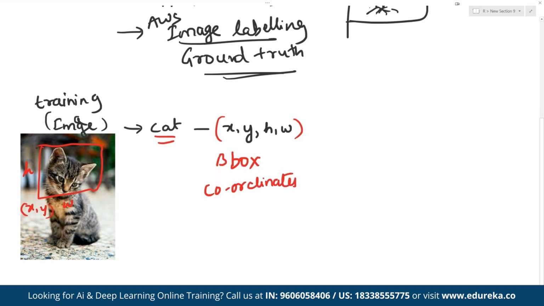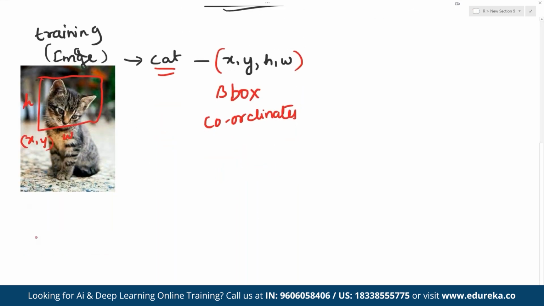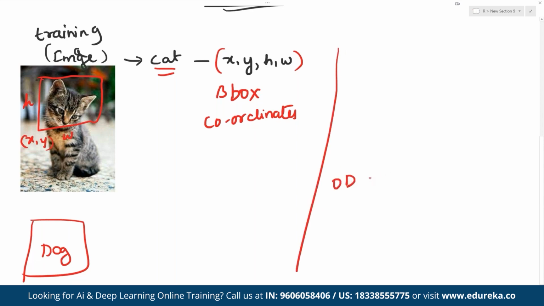So these are the things that I need to have in my data. Once I have the data, let's say I'm building a classifier which detects whether a cat is present. Similarly, I'll be building a classifier for whether a dog is present. Likewise, I'm building a simple object detection classifier which says whether my given input image has a cat or a dog, and if any of these is present, it also gives me the bounding box.